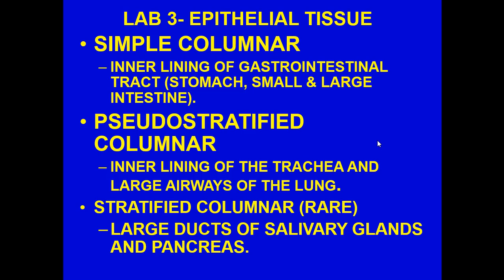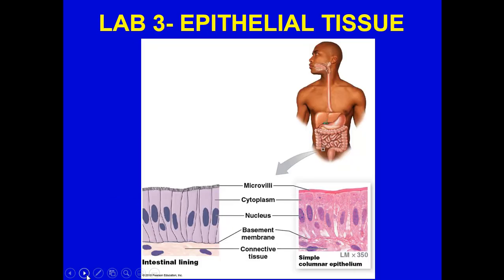But if you look at this on a microscopic slide, it gives you a false appearance of stratification when it's not. You will see pseudostratified columnar in the inner lining of the trachea and large airways of the lung. You will have some cases of stratified columnar, but this is rare. You see this in the large ducts of the salivary glands and the pancreas.